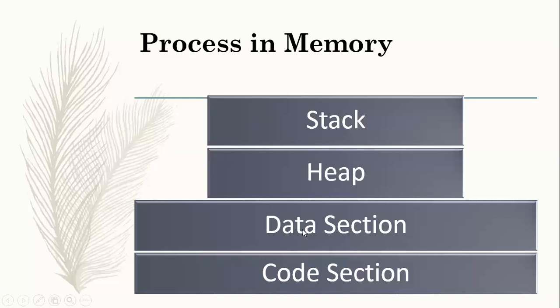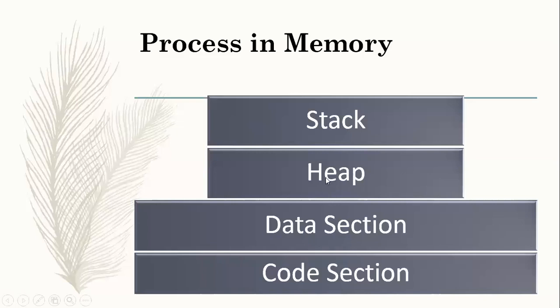Then in the data section, all the static variables and global variables, for which the program is not going to change the value, all those things I am going to put in this data section. So all the static variables I am going to put here.